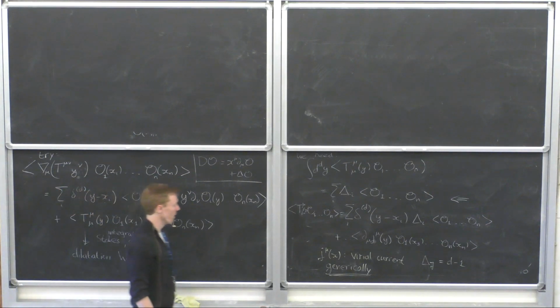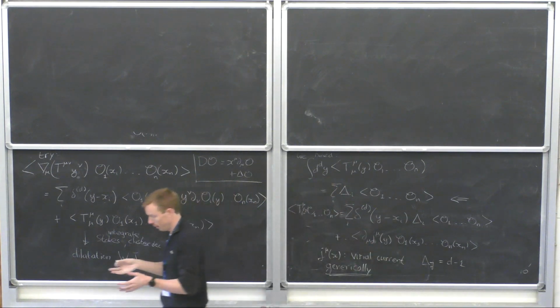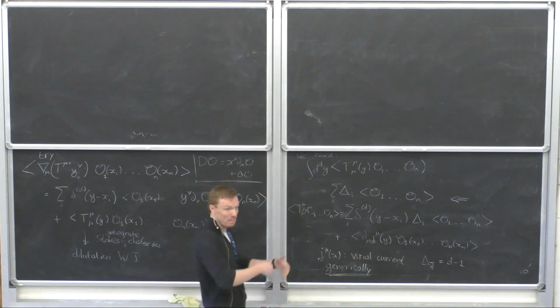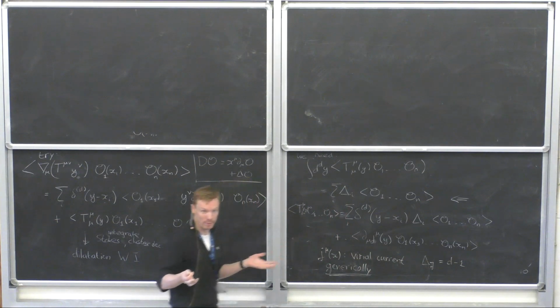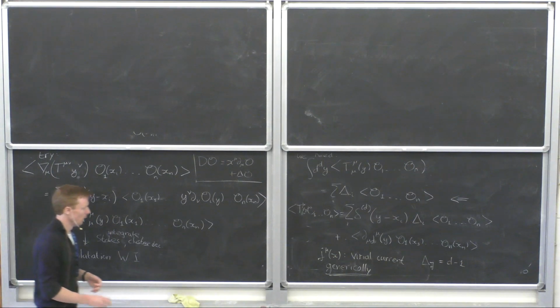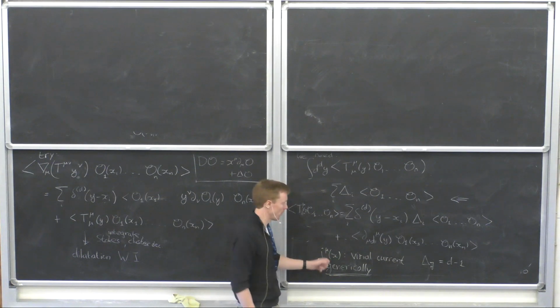The dimensions of these operators are just the eigenvalues of this linearized flow equation. So you linearize the beta functions around their fixed points, and you get some deltas that are just complicated numbers. They're most likely, in most theories, in 3 dimensions in particular, not rational. It's very unlikely that you get exactly a vector current operator with this dimension.